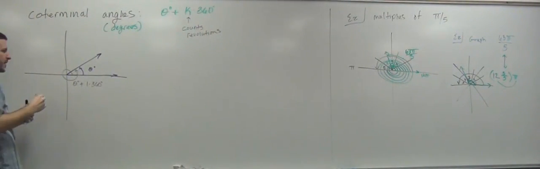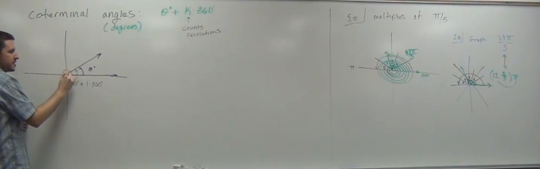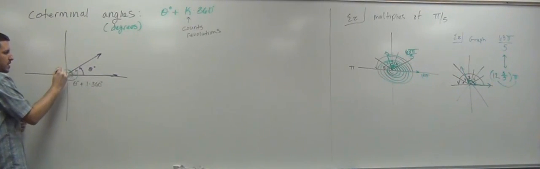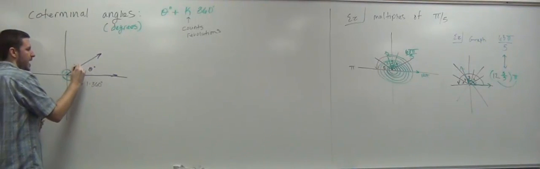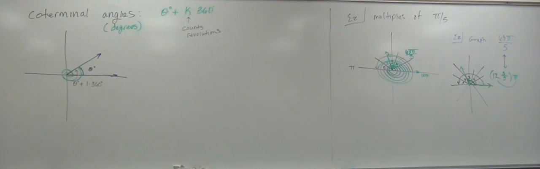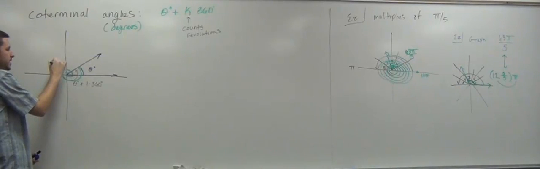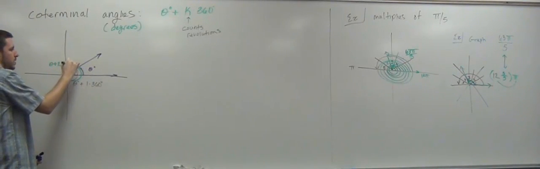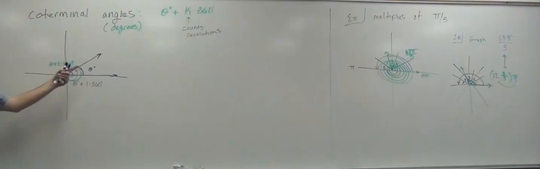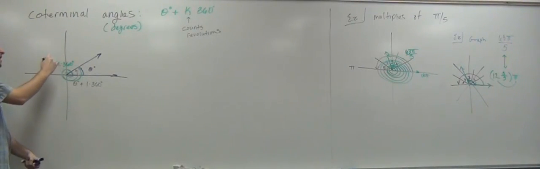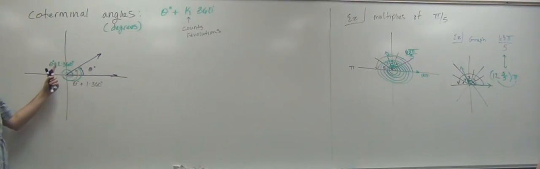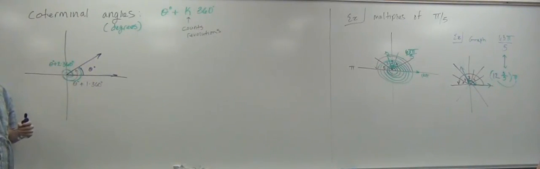So another example might be if I decide to start here at the positive x-axis, go around once, twice, and then end at the same place. What would the measurement of this green angle be? Theta plus 2 times 360. So for example, if I knew theta was 40 degrees, then I could calculate this by doing 40 degrees plus 720 degrees, 760 degrees. Okay, this is the general format here.